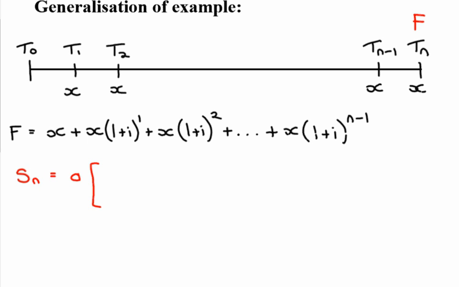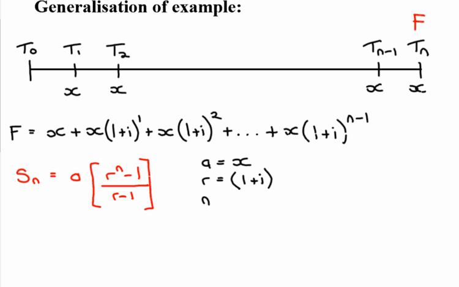So we've got r to the n minus 1 over r minus 1. So I've just popped the brackets in a slightly different place. Okay, so that's our sum formula. So let's plug this geometric series into that formula. And in this generalized case, A, our first term is an X. Our common ratio is whatever's in the brackets, which in this case is 1 plus I.